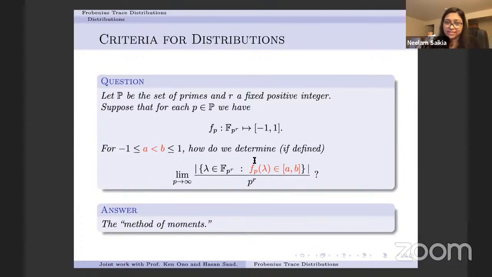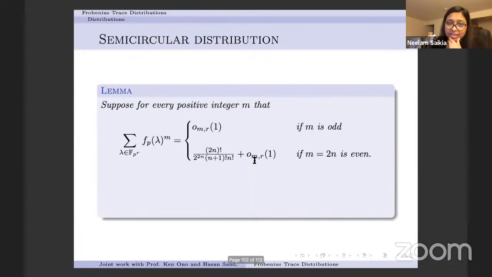Using this method, we obtain these two lemmas. In the first lemma, if we have moments which look like this, for odd moments we have 0, and when m is even, the moments end up equal to the Catalan number.